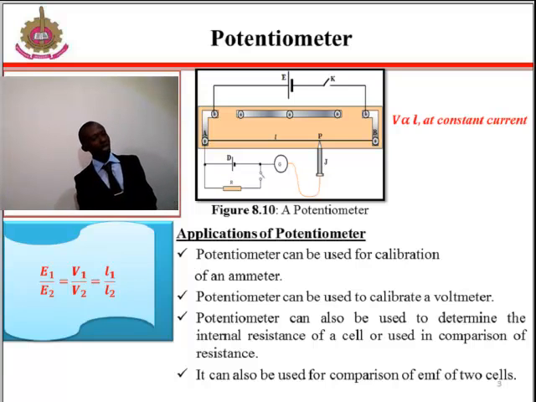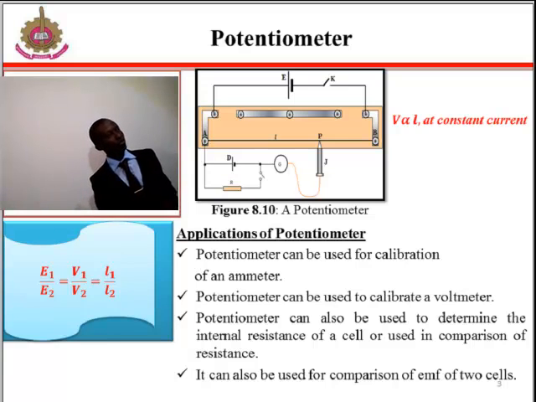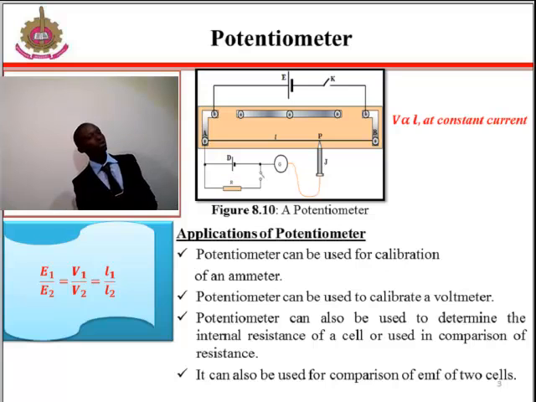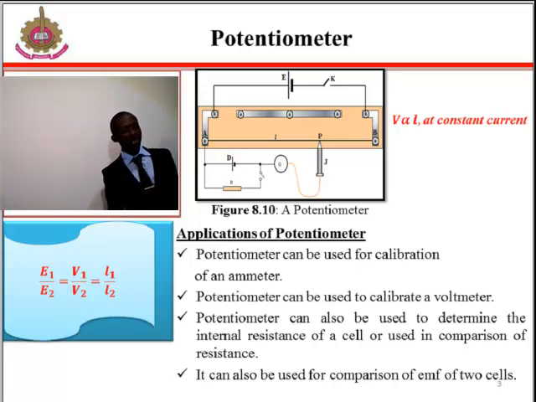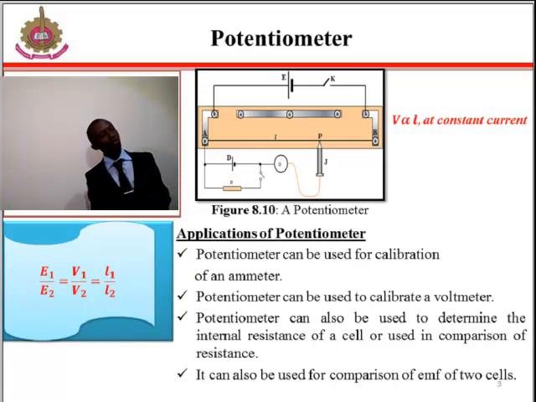In the potentiometer circuit shown in figure 8.10, AB is a wire of uniform cross-sectional area of length L, G is a zero-center galvanometer, J is the jockey, and K is the key. The potential difference along the wire of the potentiometer is proportional to the length if the current is constant.